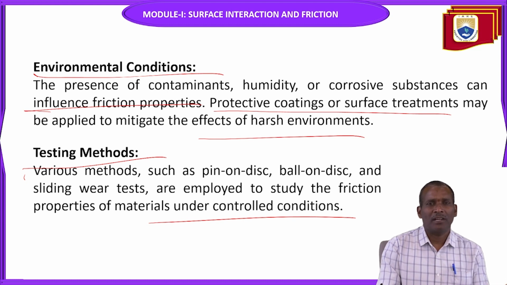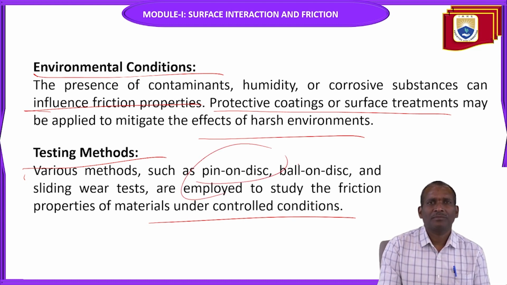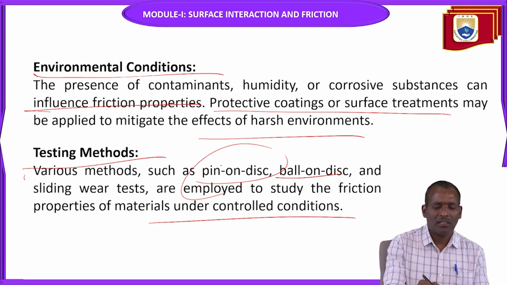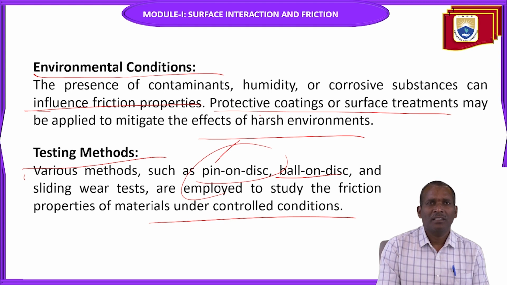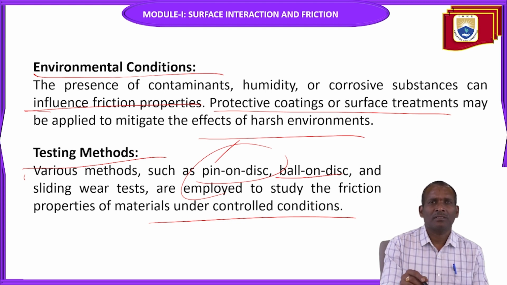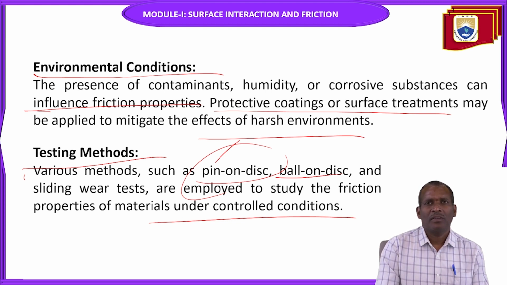That machine is called pin on disc and ball on disc. The specimen that is cylindrical or conical in shape is called a pin on disc. The disc is always in a circular shape.